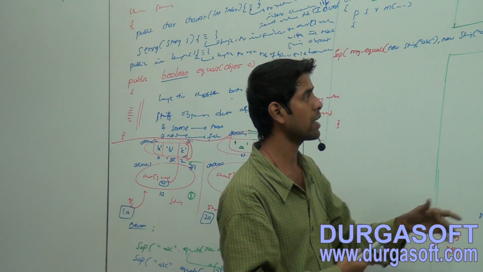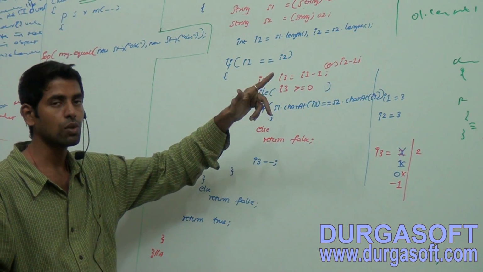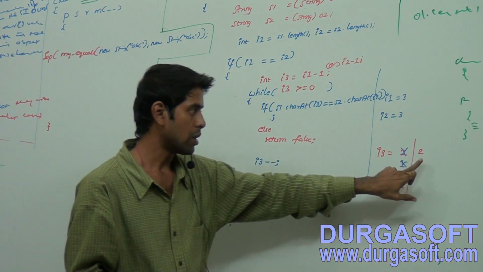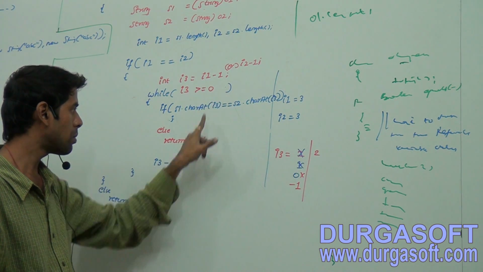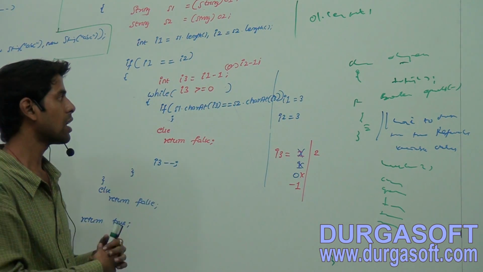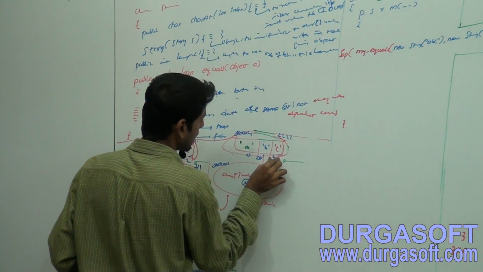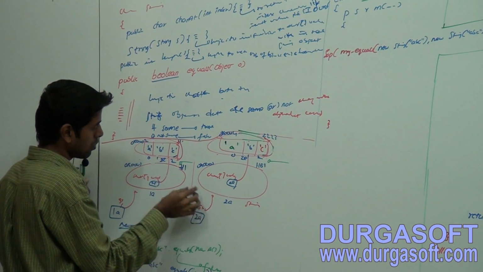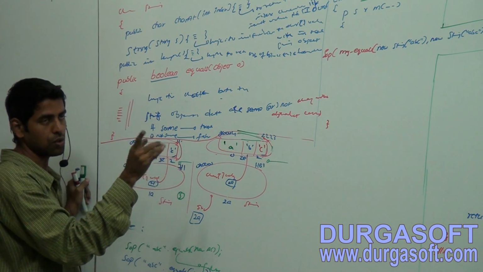That's why I have taken I3 greater than or equal to 0. When the value of I3 is 2, you have to perform this checking. Now I'm checking each and every character, the second index character of string S2 and the second index character of string S1.